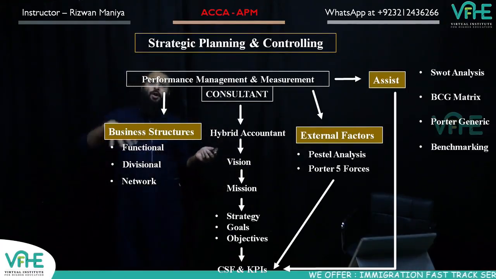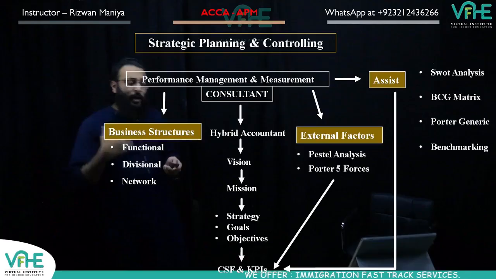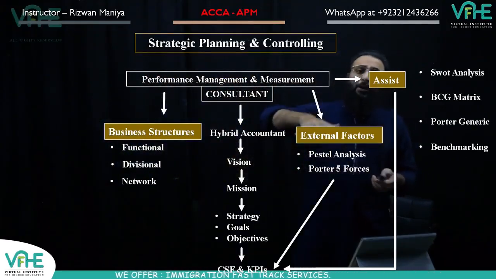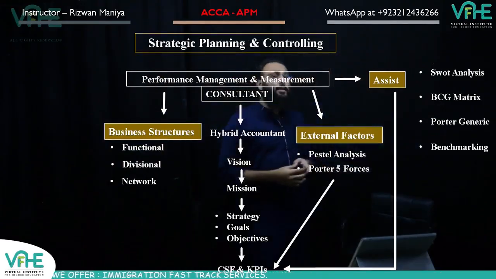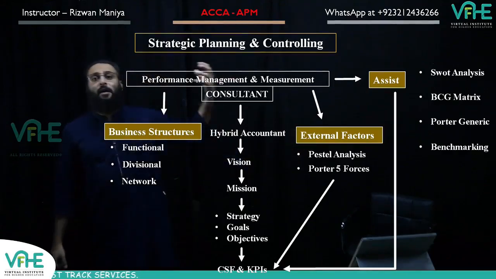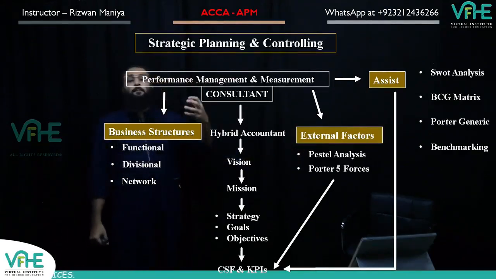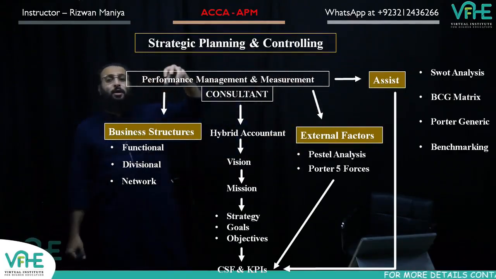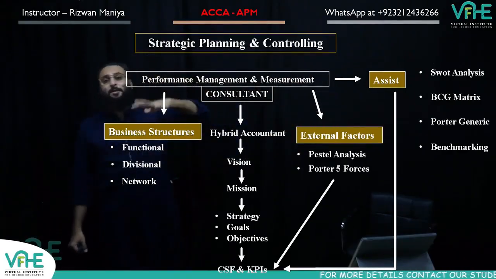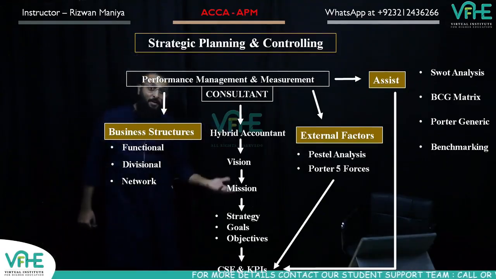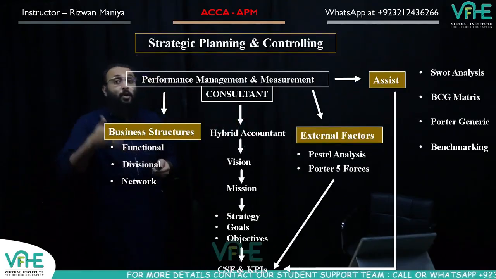The organization is all virtual, remote based, where an organization does have suppliers and those are integrated to the IT system. Those organizations do have customers and they are connected to the company's information system. The company's employees are working remotely and doing the work using the company's information system, which means high use of IT, less physical presence. So your performance management and measurement needs to be according to that.